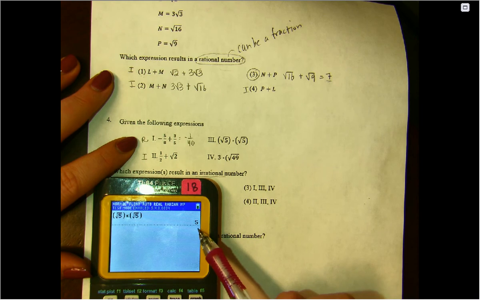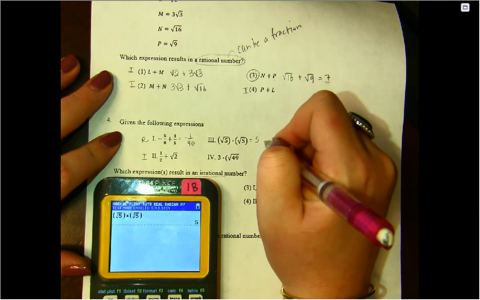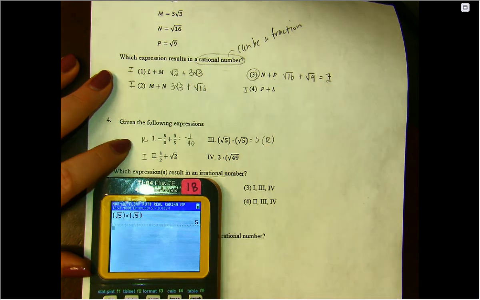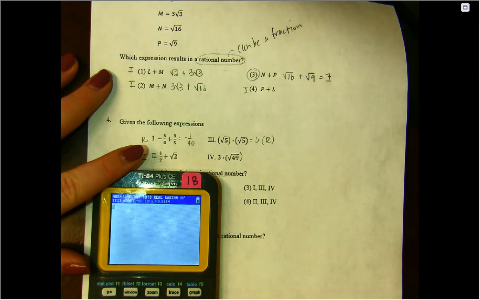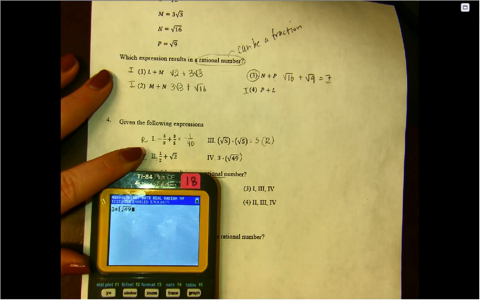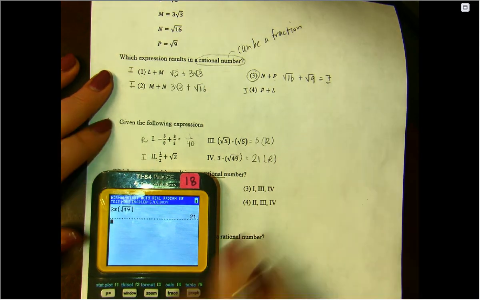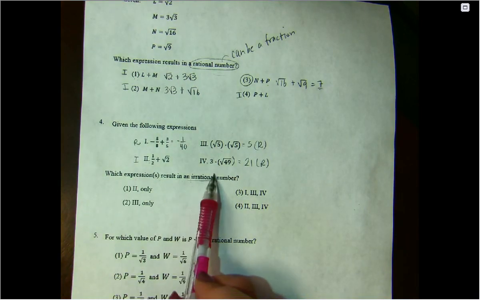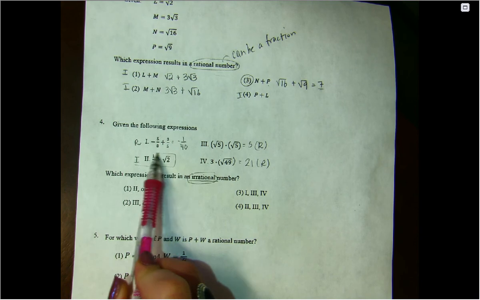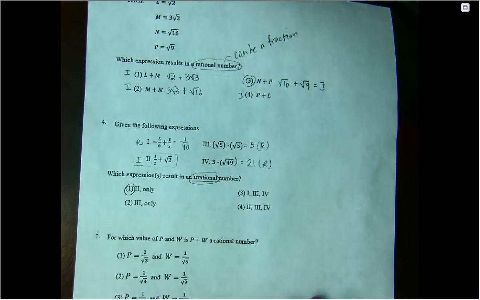Well, this tells me that I just get a normal number, 5, which is rational. And then, oopsies, we lost our bracket here. And then this last one says 3 times parenthesis radical 49, close parenthesis, and this gives me 21, which is also rational. So the question asks which expression results in an irrational number? Well, this one was the only one that gave me an irrational number, so number 1, 2 only.